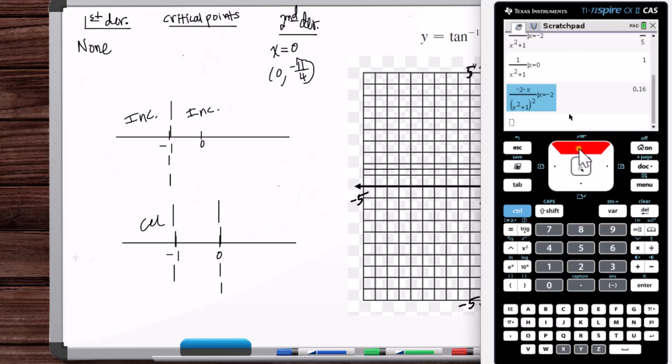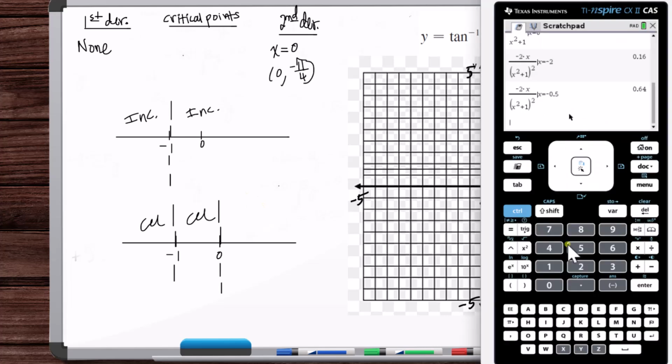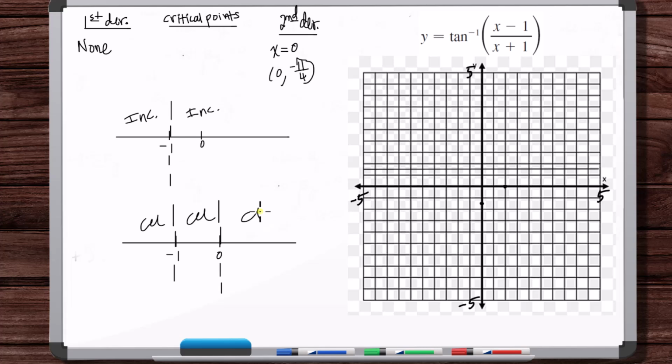What about x is equal to minus 0.5? Concave up. What about x is equal to 1? Concave down. Okay, so this is going to be an inflection point. The curve is continuous here. We know that at x is equal to 0 the second derivative switches signs. There's no local maxes or mins.